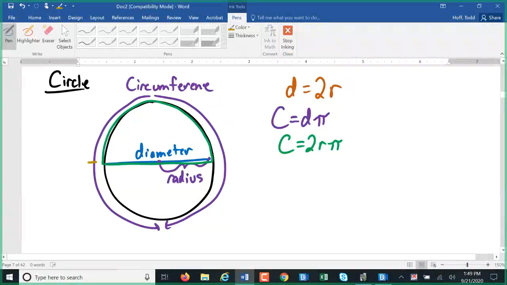This distance from here around to here is half the circumference. Well, if the circumference is 2 times radius times pi, half of that would just divide out the 2. So the distance around this is just radius times pi.